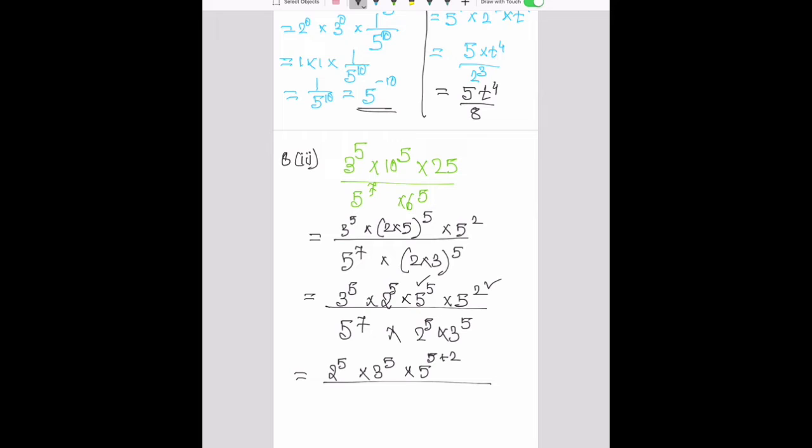And below we'll write 2 to the power 5, 3 to the power 5, and 5 to the power 7. Now one more step, we do the addition: 2 to the power 5 into 3 to the power 5 into 5 to the power 7 on top, and below 2 to the power 5 into 3 to the power 5 into 5 to the power 7.